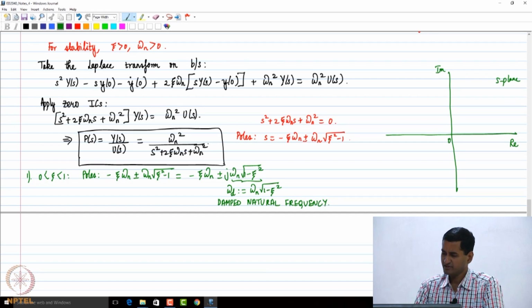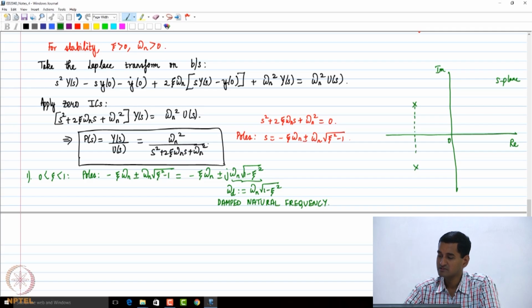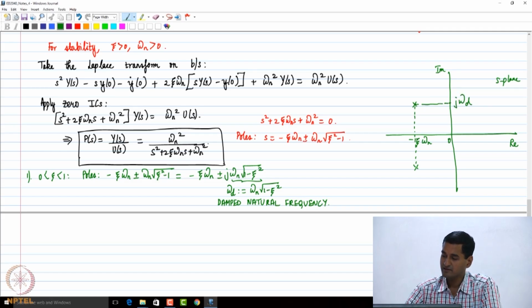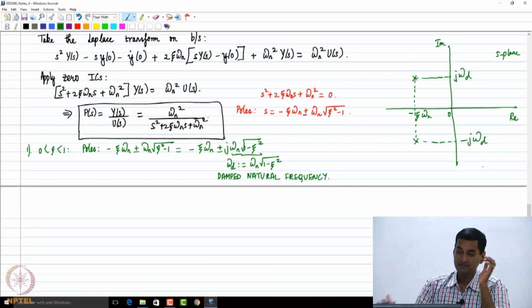So if you plot it on the complex plane, we are going to have a pair of complex conjugate poles. The real part is going to be minus zeta omega n, and the imaginary part is going to be plus or minus j omega d. So that's what we are going to have as far as this particular case is concerned.